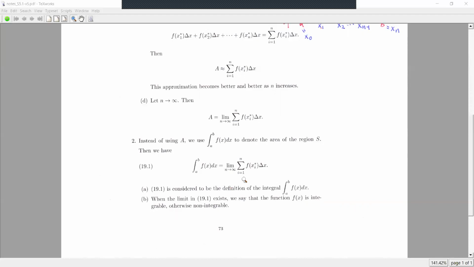If the limit doesn't exist, then we say that the function is not integrable from A to B. When the limit exists, we say that this function is integrable from A to B. Otherwise, not integrable from A to B.